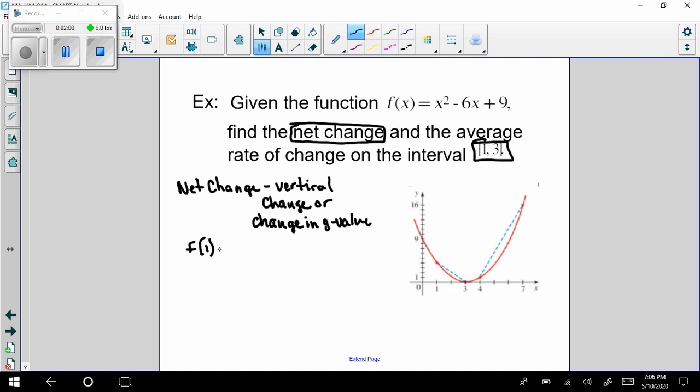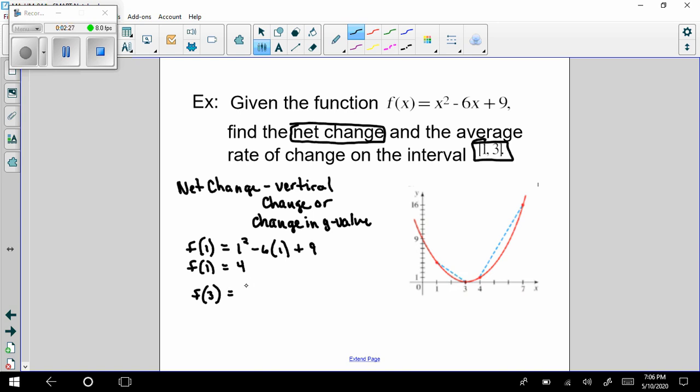So f of 1 is going to be equal to 1 squared minus 6 times 1 plus 9. If you calculate that number, you have 1 minus 6, negative 5 plus 9 is 4. So the next one we need to calculate is f of 3. You can see from the graph that it's sitting on the x-axis.